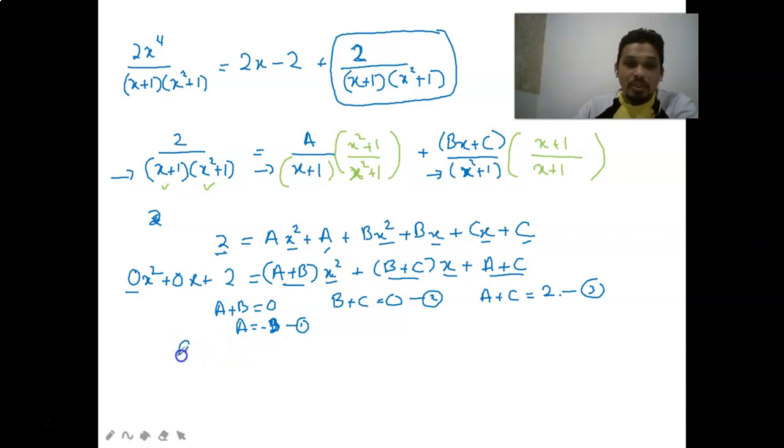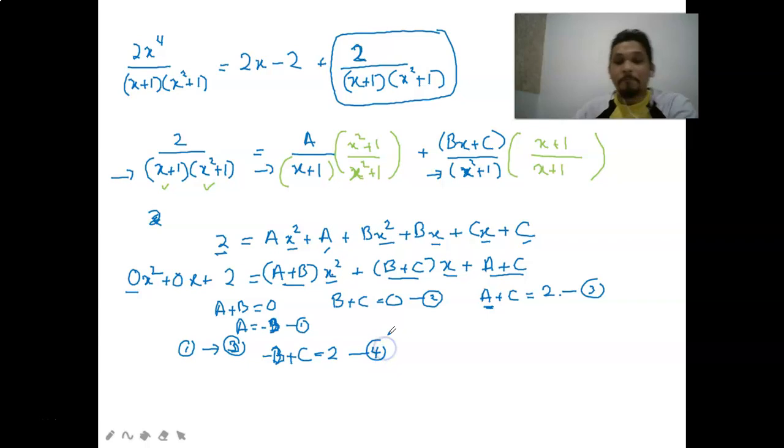Substitute equation 1 into equation 3. A equal to negative b, so it is negative b plus c equal to 2, equation 4.